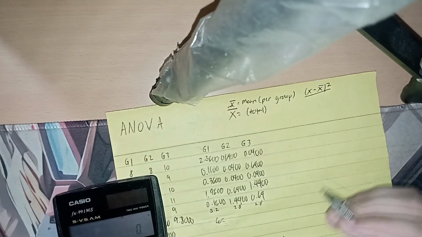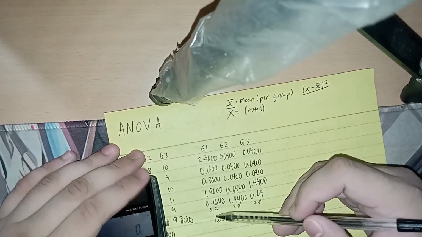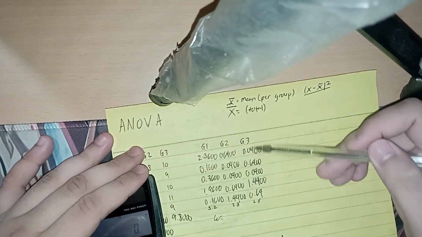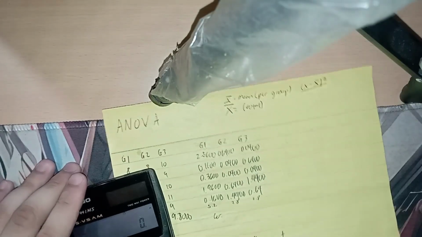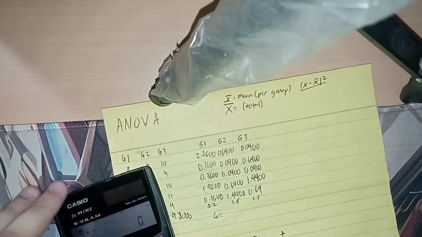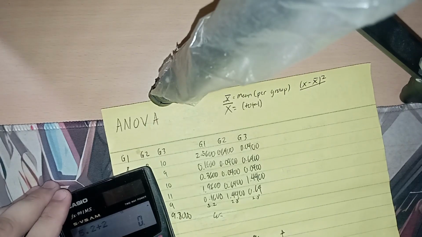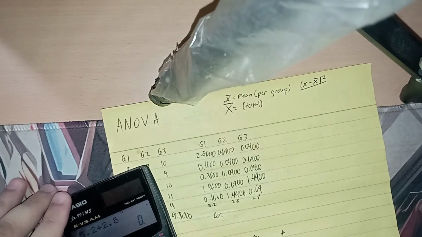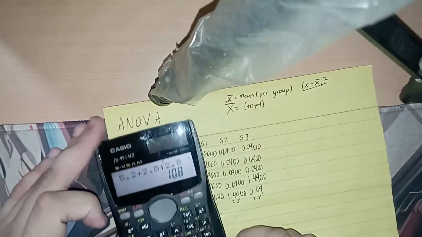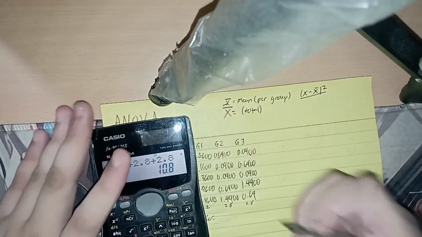Okay, so I calculated this into 5.2, and then for group 2 I have 2.8, group 3 2.8, and then with a total of 5.2 plus 2.8 plus 2.8, 10.8.